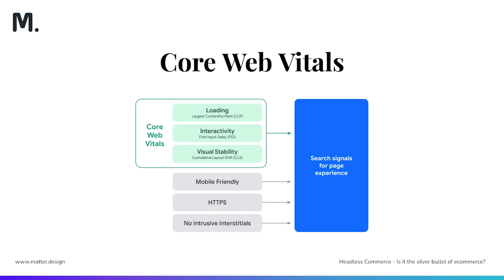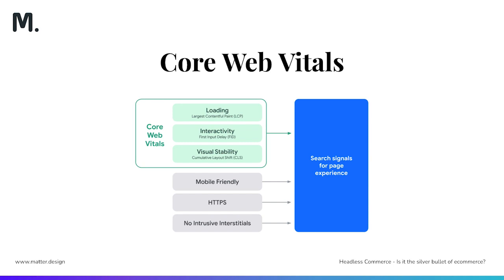So slow sites will shift around as they load because the content loads in slowly, which detracts from the user experience. So Google takes the user experience very seriously. They're in the business of presenting quality options to people using their search engine.